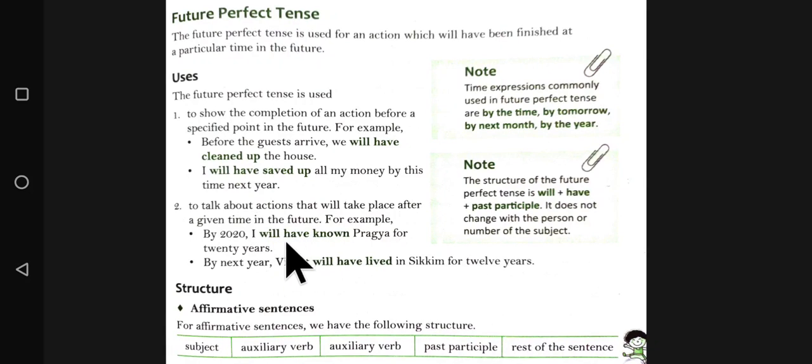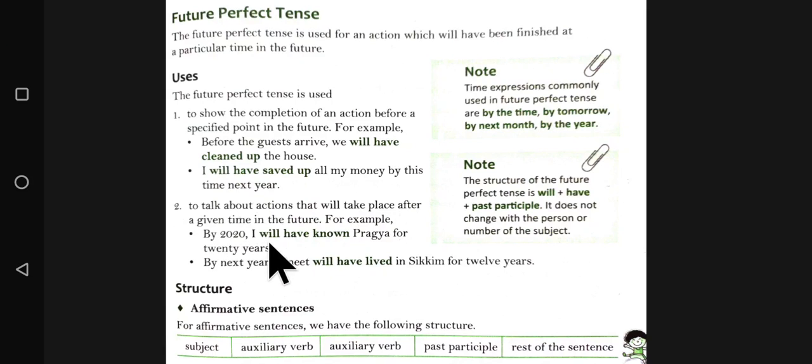So this action of knowing Pragya will be completed in the future, after a given time. And what is the given time? By 2020. So what is the second use of future perfect tense? It is used to talk about actions that will take place after a given time in the future. Let's try to understand the example once again.